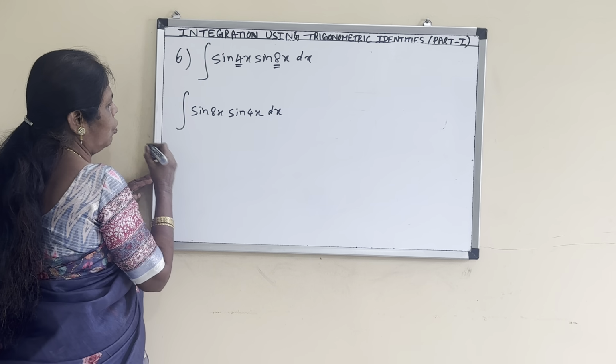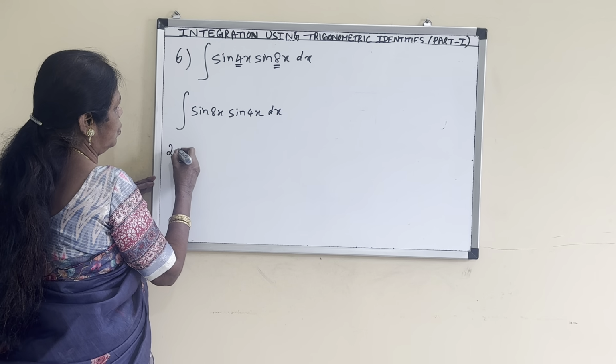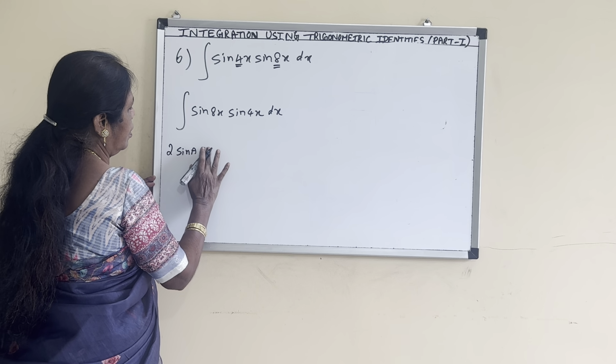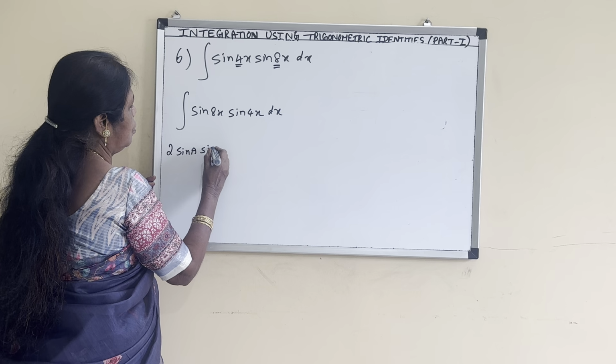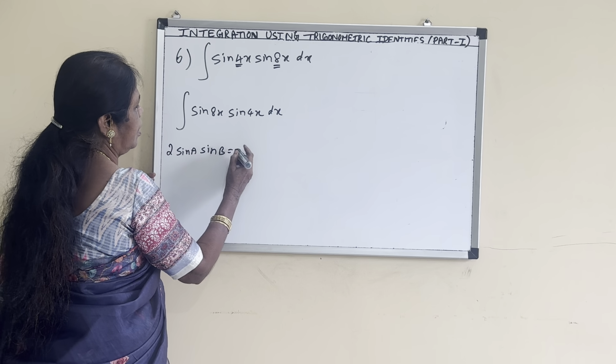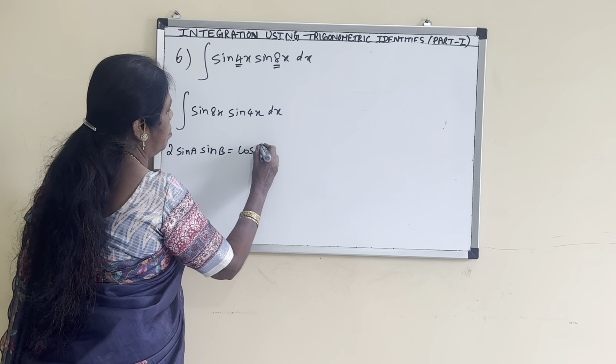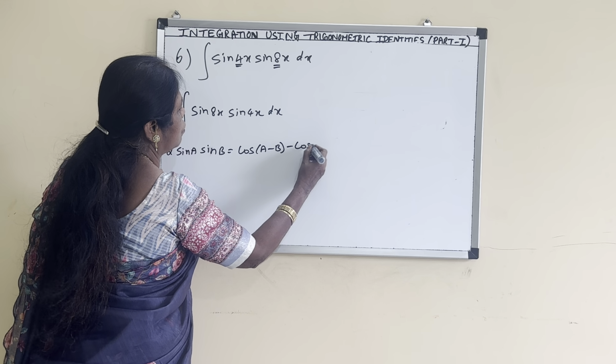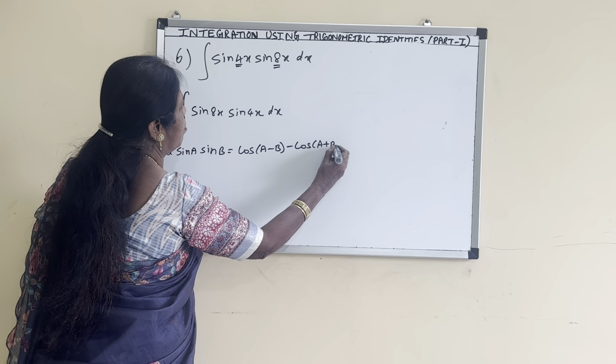Now I will go for the formula 2 sin a sin b. It is in terms of cos: cos of a minus b minus cos of a plus b.